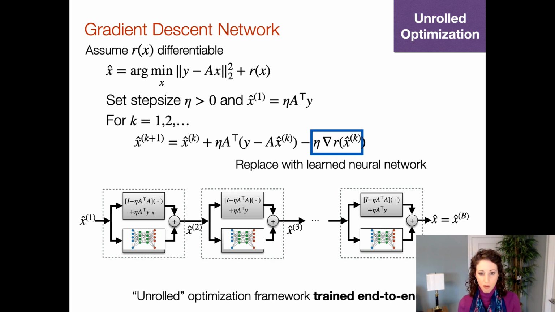One that accounts for our forward model A and our squared error with respect to our data, and the second which accounts for our regularizer R. And so now I can train this network, or I can choose the weights on these different learned components in order to minimize my training loss. But because my initial estimate is being fed through this network that automatically from the beginning accounts for my forward model A, my learned estimate is going to depend on A as well as the training data. I've integrated A into the training process.